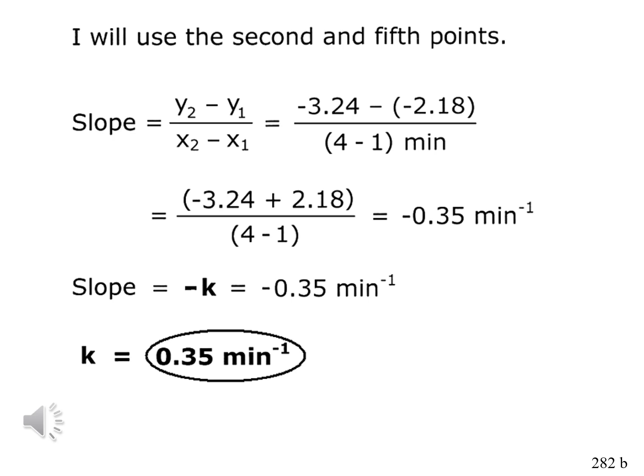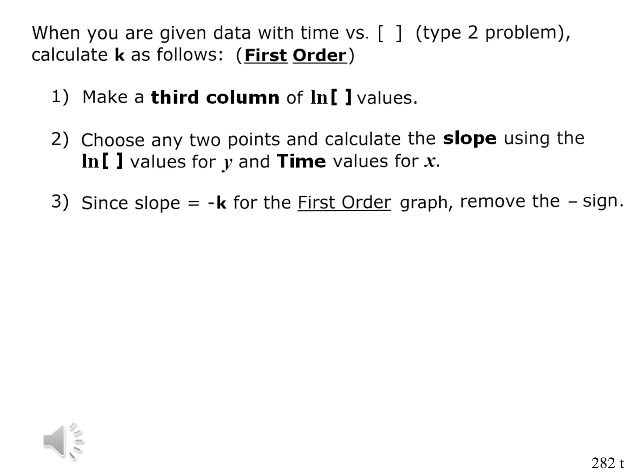But the 2 points that I picked in the diagram are the ones that I subtracted. And when you do y2 minus y1 over x2 minus x1, you get a slope that's negative. All you have to do to get k is just take off the negative, and that's the value of the rate constant. So here's a summary of how you do this.